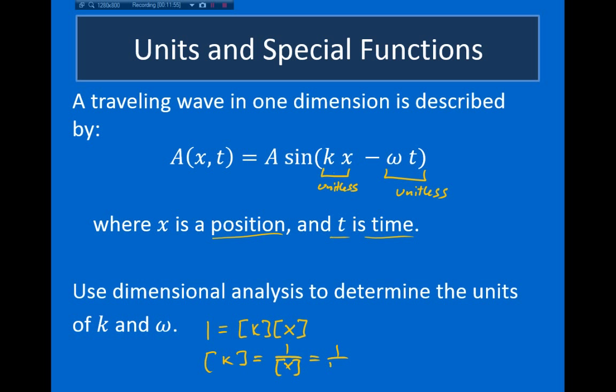So it's 1 over meters. Similarly, if we calculate the units of omega, we have 1 is equal to the units of omega times the units of time. So solving for the units of omega, we see that they are equal to 1 over the units of time, which is 1 over a second.